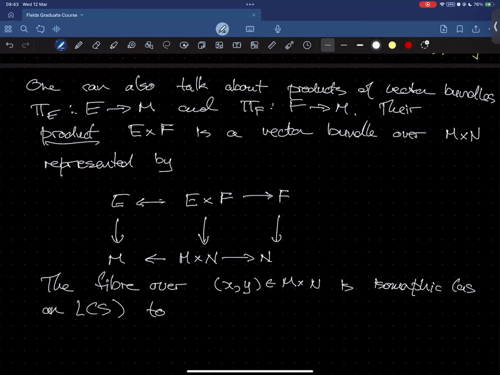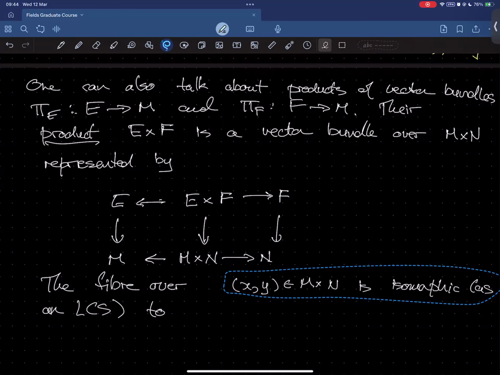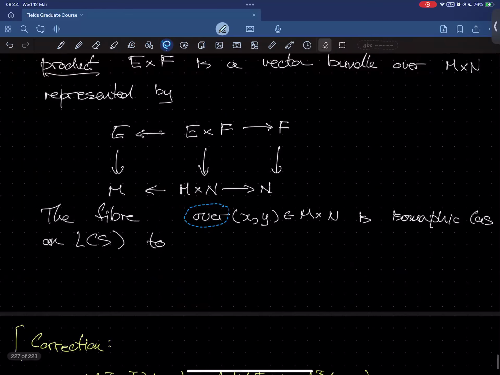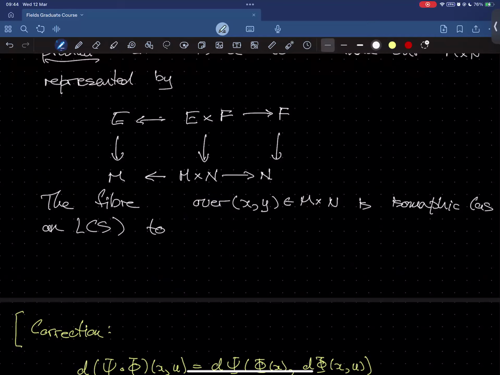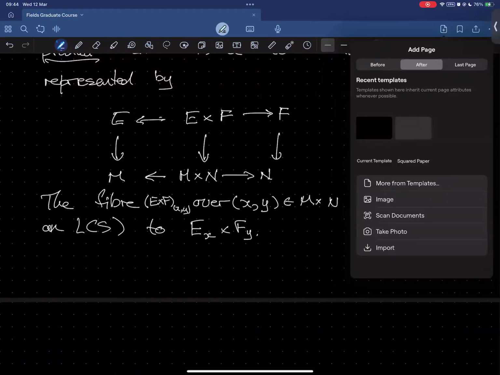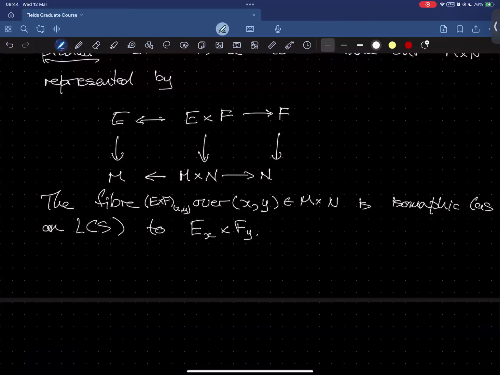So the fiber of E cross F over X, Y is isomorphic to the product of the fibers, E_X cross F_Y.